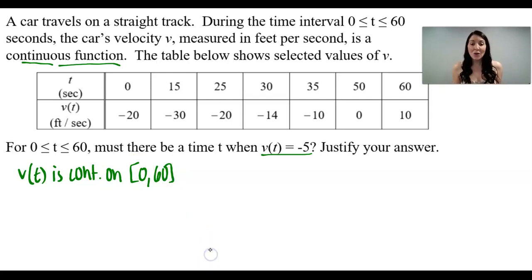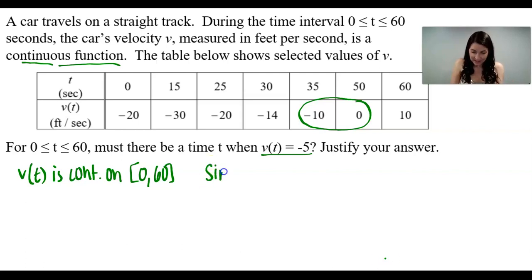All right, so are we guaranteed that there is a velocity value of -5? Yes, because we can see right here that -5 would fall between those y values. And because the function is continuous, we know it hits every intermediate value in between those two y values.